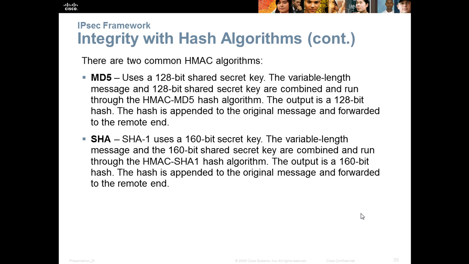SHA, the Secure Hash Algorithm, SHA1 uses a 160-bit secret key. The variable-length message and the 160-bit shared secret key are combined and run through the HMAC-SHA1 hash algorithm. The output is a 160-bit hash. The hash is appended to the original message and forwarded to the remote end.